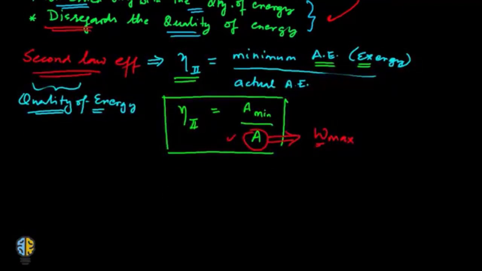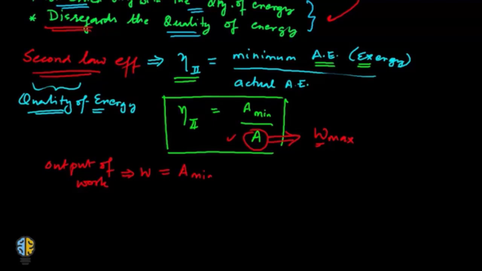Let us say a desired output of work, which is W. This corresponds to the minimum available energy requirement, and the available energy that we have corresponds to the maximum work output.